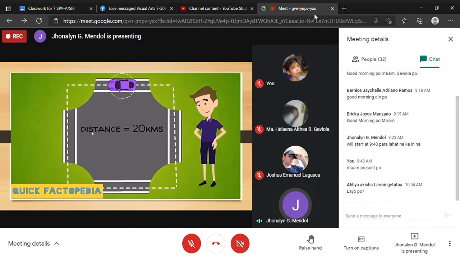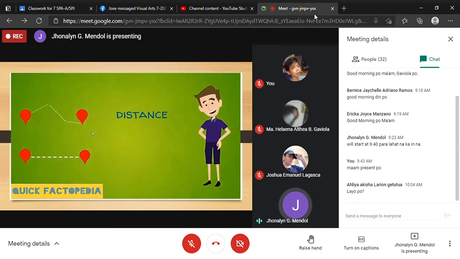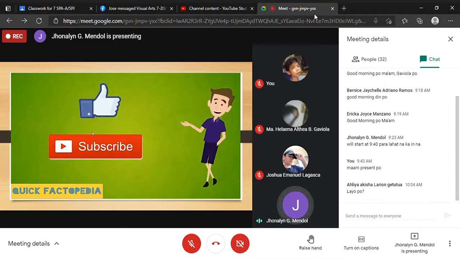The distance traveled here is 20 kilometers, but the displacement is 0 as the starting point and the end point of the car is the same, or say the origin and the destination of the car is the same. Hope you all understood the distance and the displacement. Hit like and subscribe for more such videos.